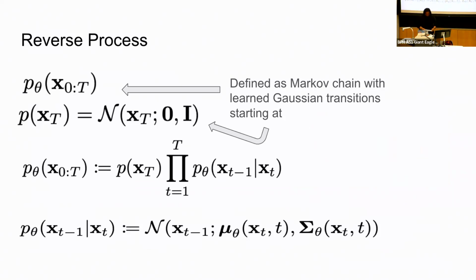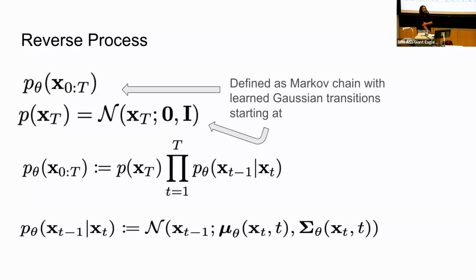So we are saying that this is defined as our p sub theta of x of t. This is just a Markov assumption again, and that our p sub theta, going backwards, is basically modeled by a Gaussian with the parameters of a mean and a variance.